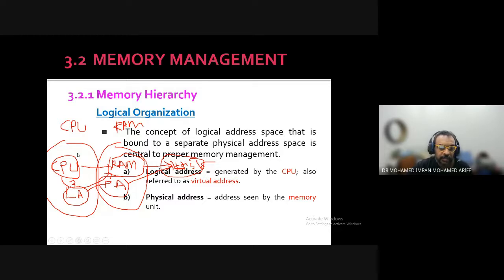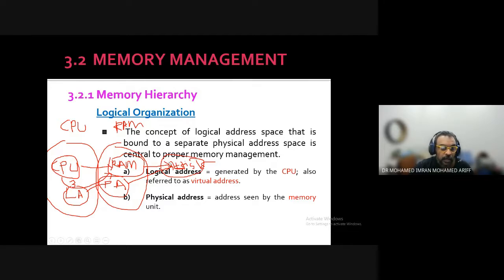Okay, so it's basically like this. Logical address is generated by the CPU, also referred to as virtual address. Physical address is as seen by the memory unit. So this is the CPU and this is your RAM. All the files that need to be processed will be inside your RAM. Tetapi ada juga file yang duduk dalam hard disk. Nampak ni?